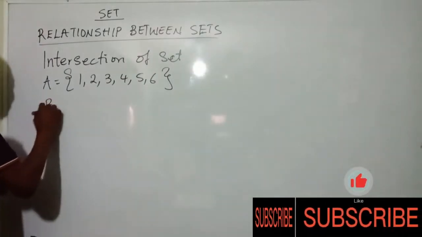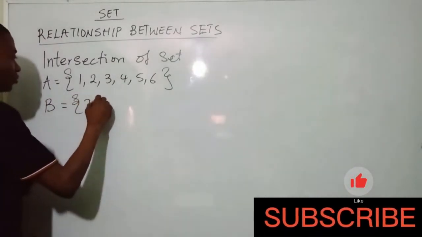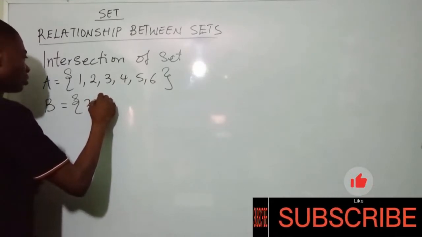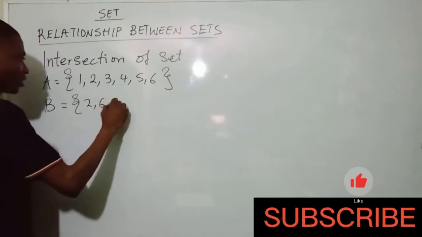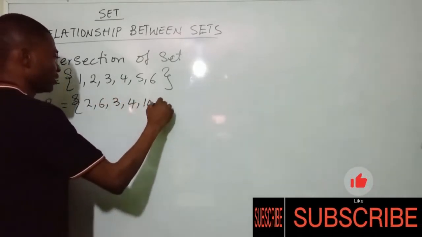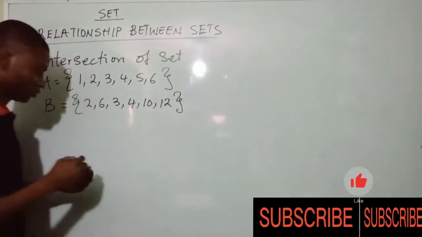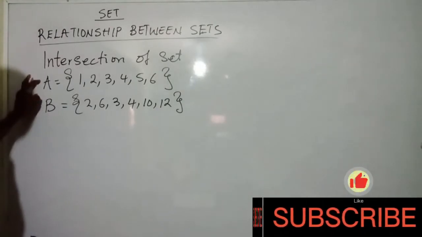And I have B equals 2, 6, 3, 4, 10, 12. Good. Now I have two sets like this, set A and set B.